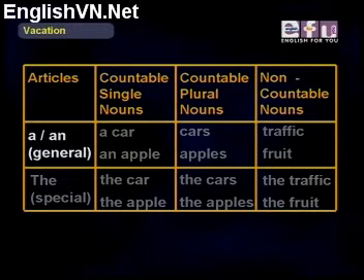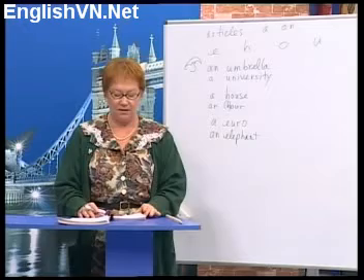Look where we put a or an. First, a and an are general. So with countable single nouns, we have a car. Countable plural, cars, general. And non-countable nouns, traffic, no a.